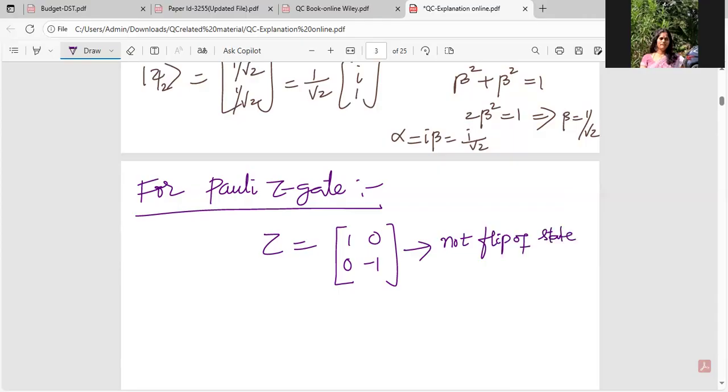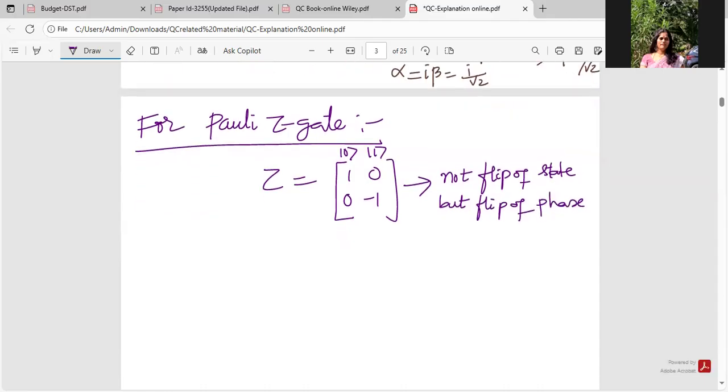Because as explained in the beginning of this video, 1 0 is ket 0 and 0 1 is ket 1 only. No flip of state, but flip of phase, because there is a negative sign. That's how Z is remembered. No flip of state, but flip of phase. X is flip of only state. Y is flip of state and phase. Z is no flip of state, but flip of phase.